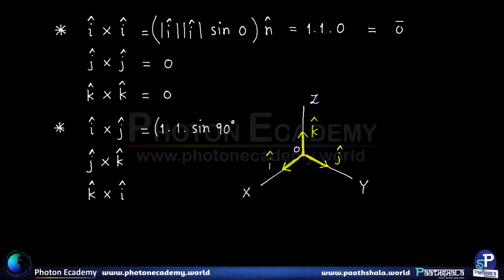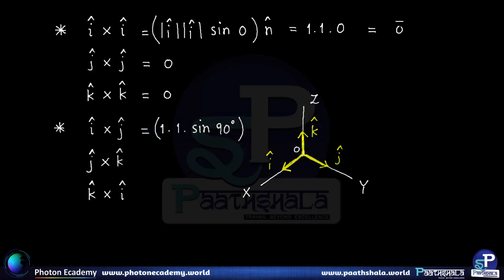Now we have to write the n cap, which is a unit vector given by the right hand rule. Let us decide what that n cap would be. If we use our right hand to sweep from i to j, clearly the thumb will point in the direction of the positive z-axis. The unit vector in the direction of the positive z-axis is nothing but k cap, which we already have.